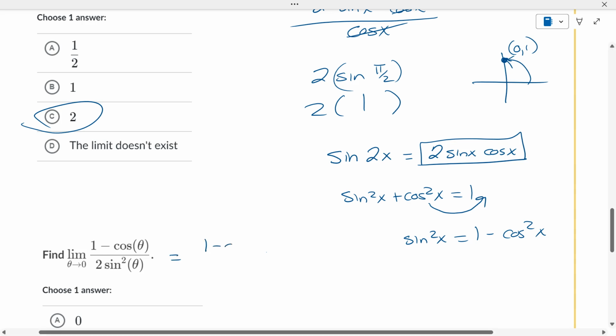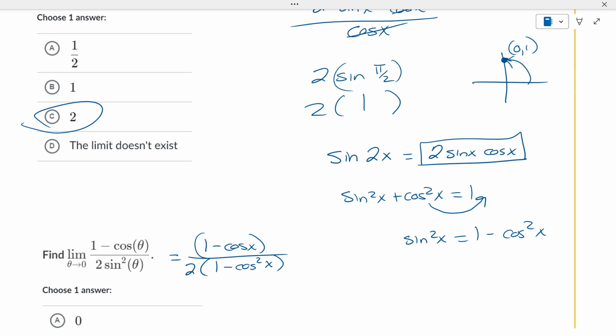So I have 1 minus cosine of x over 2 times 1 minus cosine squared of x. If I put in 0, cosine of 0 is 1, so I get 0 over 0, so it won't work.